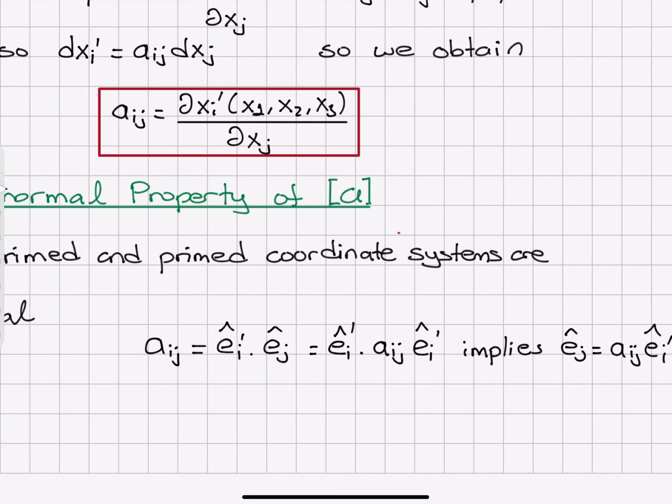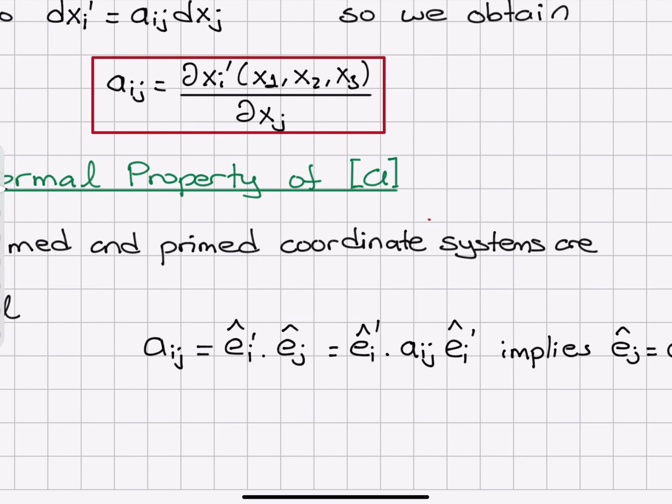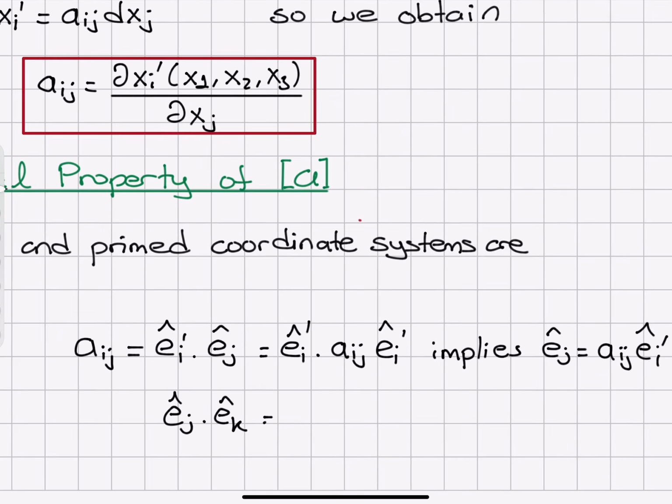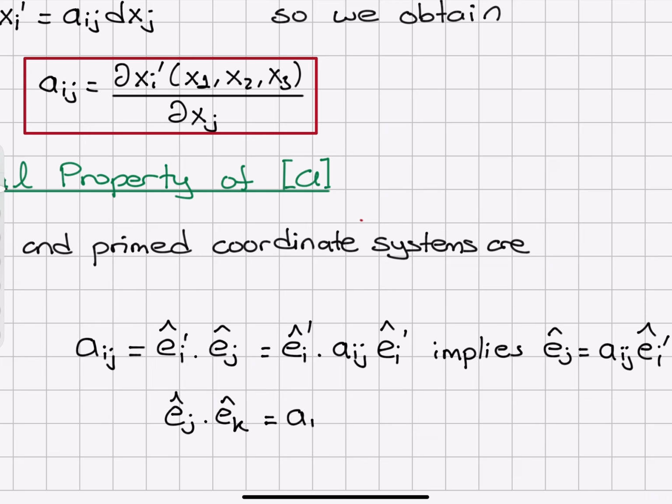Now, if I take the dot product between Ej hat and Ek hat, so let's do that. Ej hat dot product with Ek hat, where Ej hat can be written as Aij Ei prime hat. This is the dot product with Ek hat.